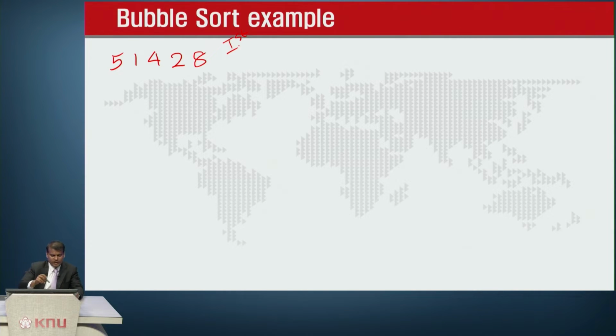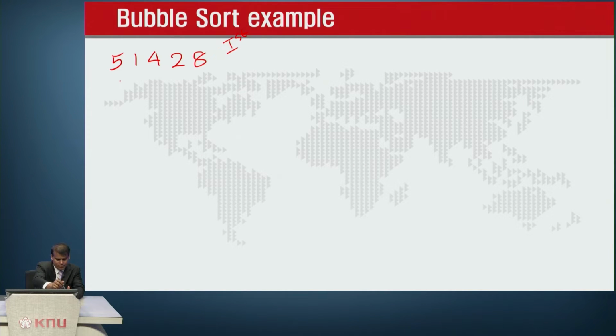Initially it compares the two elements. So what happens here is that 5 and 1 have to be interchanged initially, and then 5 and 4 will be interchanged after that.